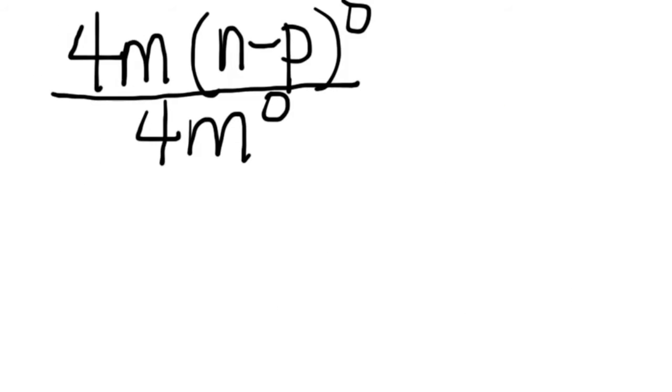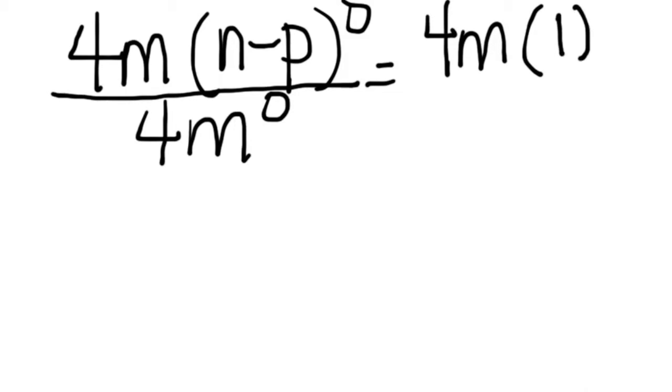Next, we have 4m multiplied by n minus p raised to 0 all over 4m raised to 0. So, if we are going to simplify this, we are going to have 4m, and then since yung n minus p parehas naka-raised to 0, so equivalent natin siya sa 1 over, copy lang natin yung 4 kasi ang base lang naman nung 0 ay yung m.